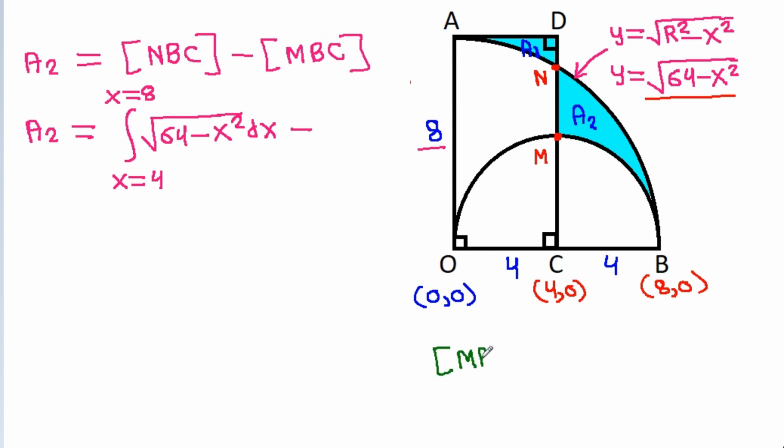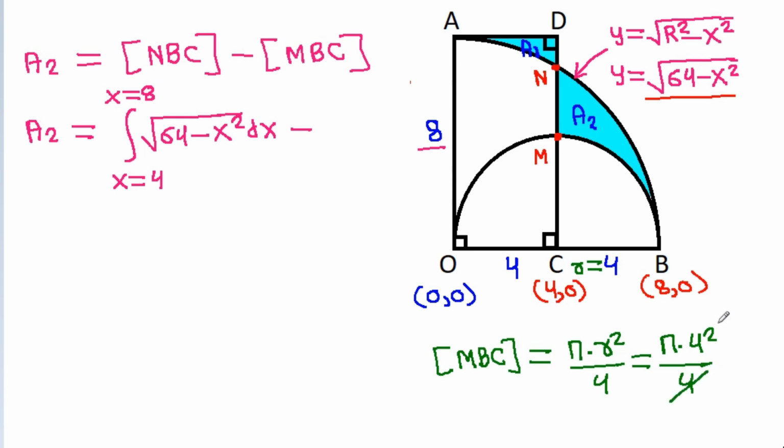Area of MBC will be equal to pi times r square by 4, and r is equal to 4, so it will be pi times 4 square by 4, and the 4 will get cancelled, so it is 4 pi. So area of MBC is 4 pi.